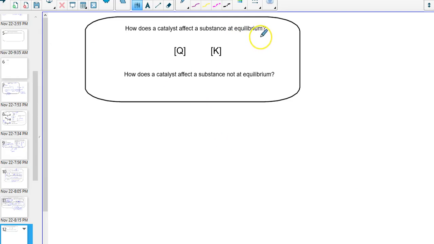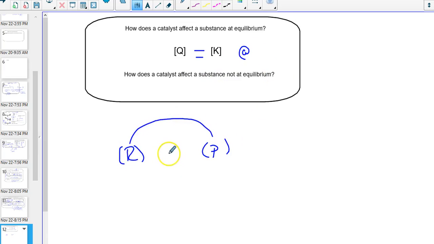How does a catalyst affect a substance? Well, if your Q equals K, and you're already at equilibrium, what happens here? Basically reactants go into products, and we should note what a catalyst actually does.